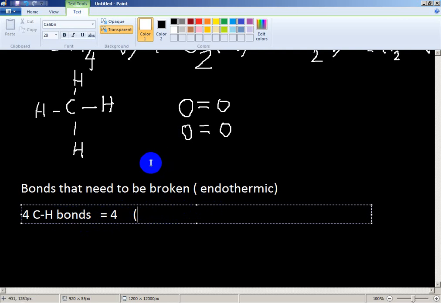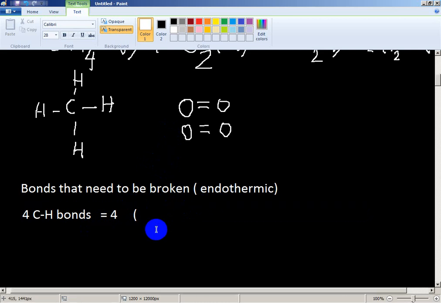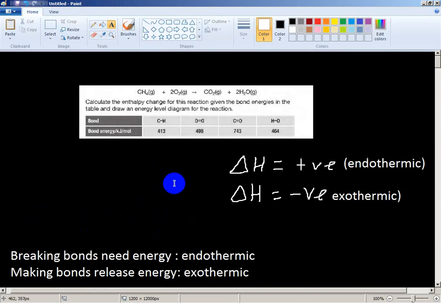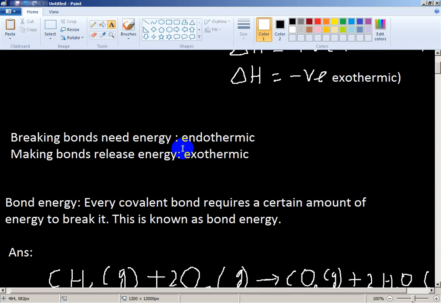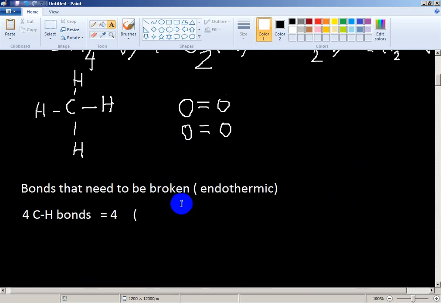Have you seen this question? The carbon-hydrogen bond energy is 413. This is the multiplication sign.